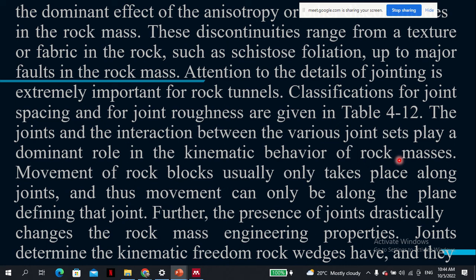Actually, most of the marks I told you yesterday that we are going to award marks between 0 and 100 in one of the classification systems. And while awarding these marks, you pay great attention to the detail, to the nature of the jointing, the sizes, the spacing, the contents, what fills up these joints.